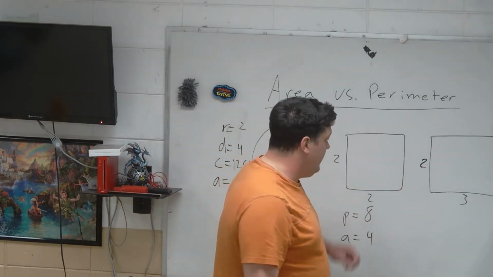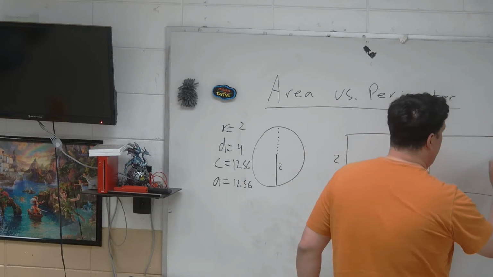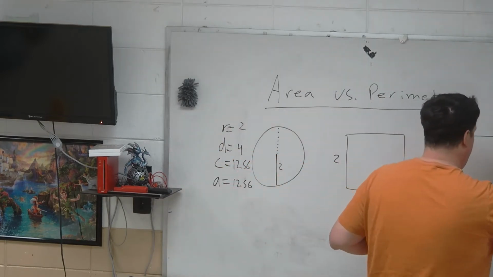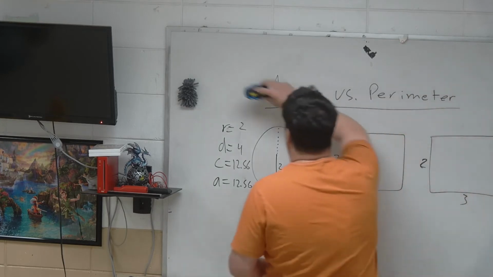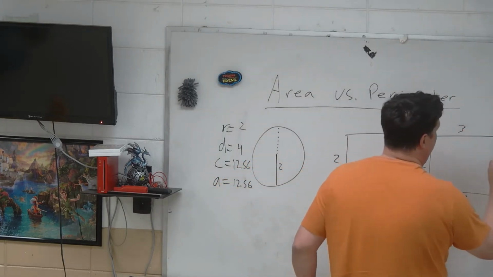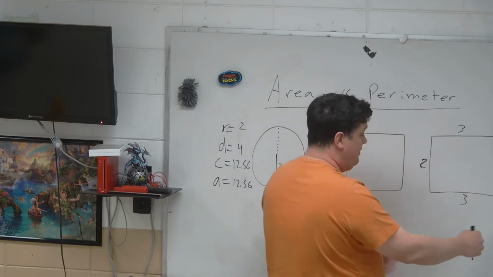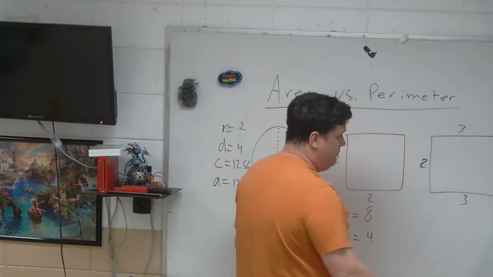If we're doing this rectangle, remember that this side is 3, this side is 2, so these sides that are opposite each other have the same length.